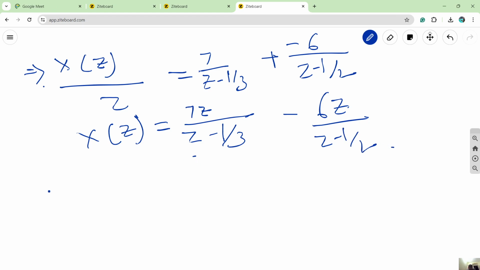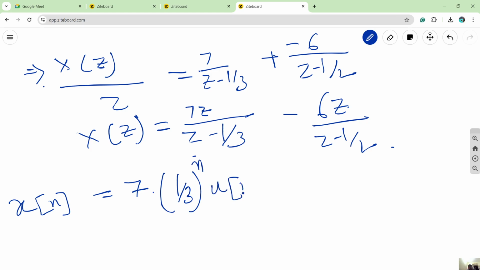So from this we can write x of n equals 7 times, using the formula for a to the power n u of n, 1 by 3 to the power n u of n minus 6 times half to the power n u of n. This is the x of n value.